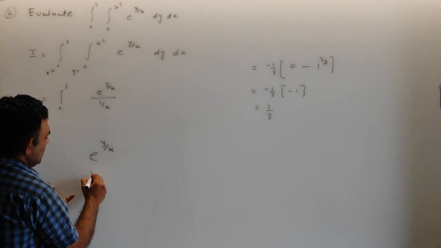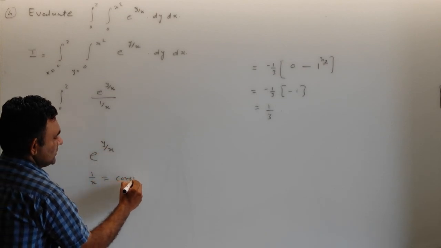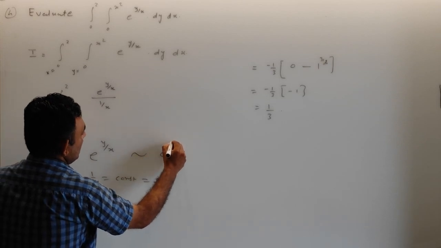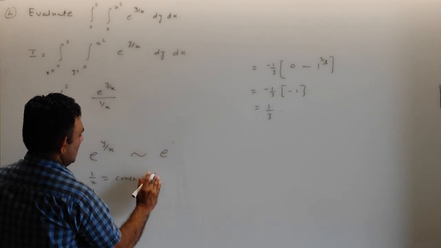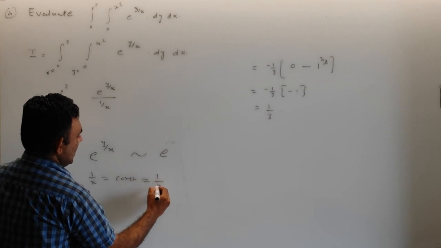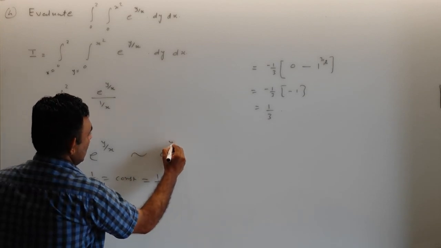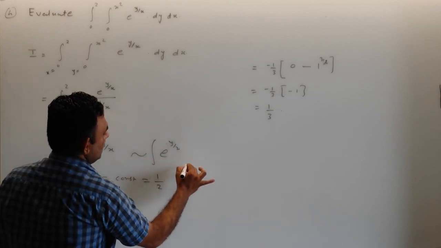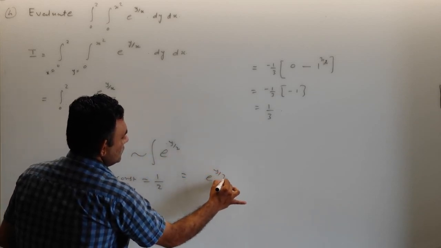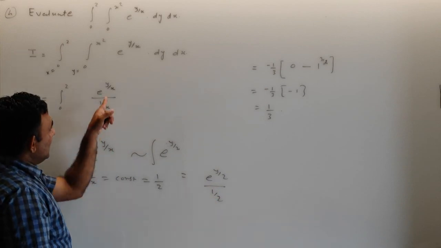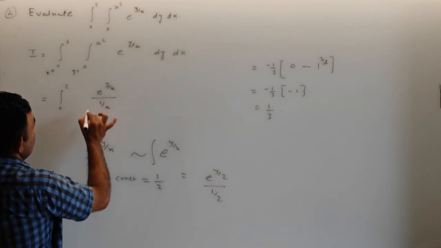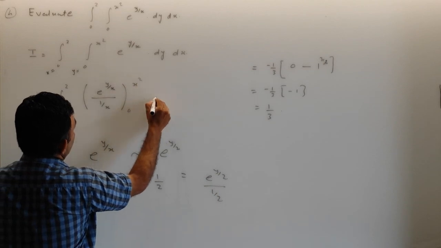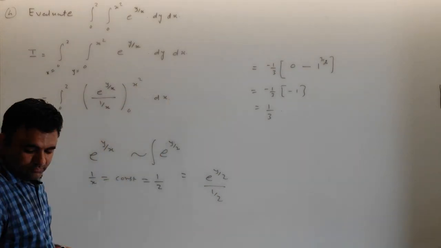Now 1 by x is some constant. Let me say x is 2, so it is 1 by 2, so it is y by 2. So now integration of this thing is e raised to y by 2 divided by 1 by 2. So like that it is 1 by x, and limits is from 0 to x square into dx.